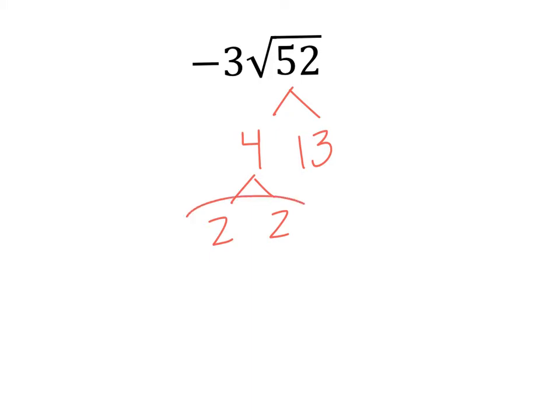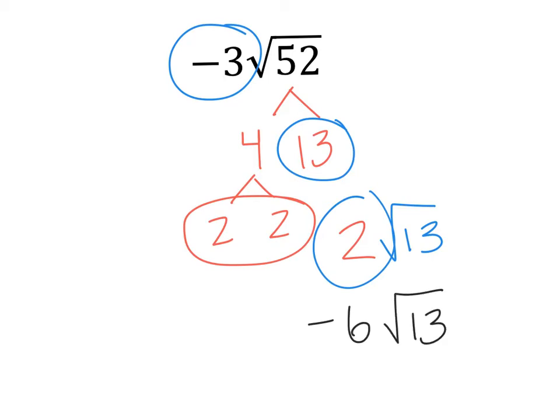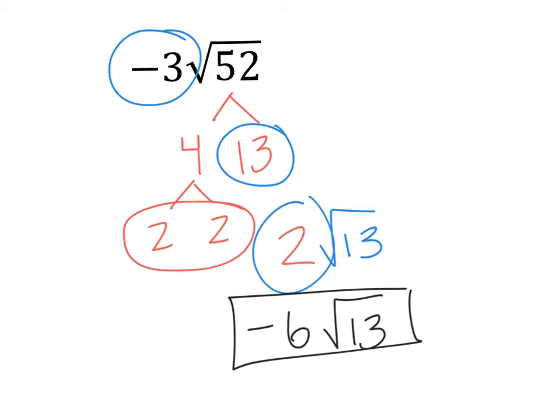So for this particular one, I have one pair and one that's unpaired. So the 2 will come outside, and the 13 will stay on the inside. Now here's where this extra number comes in. Because there was a -3 already, you need to multiply these two numbers on the outside for a final answer of -6 radical 13. And that's how you simplify radicals.